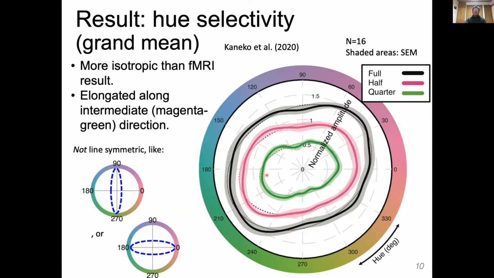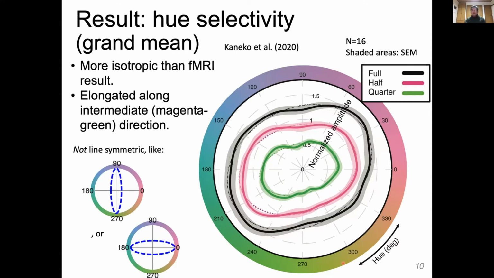And now you can find that the trajectory here is the result of the average across 16 participants, and the shaded area is the standard error of the mean. But you can find that the elongation is strongly found in this magenta green direction, which is not a simple line symmetric shape that could be predicted by the cone opponent based response.